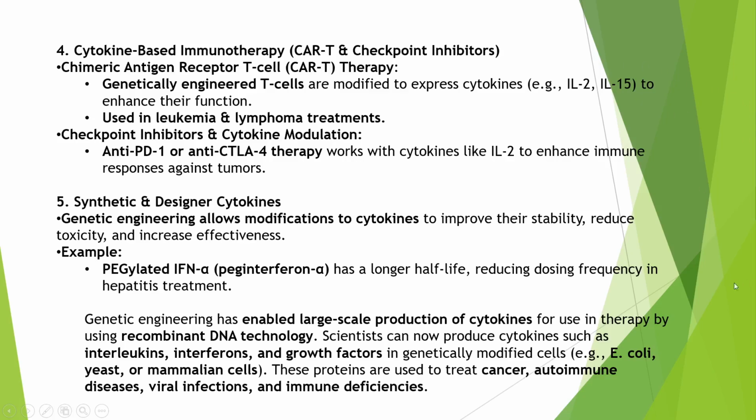Then scientists can now produce cytokines such as interleukins, interferons, and growth factors in genetically modified cells, that is your E. coli, yeast, mammalian cells. And these proteins are used to treat cancer, autoimmune disease, viral infection, immune deficiency, anything that a modified protein or an enhanced protein can treat, any disease or disorder condition can be produced in large scale using genetically modified expression systems.